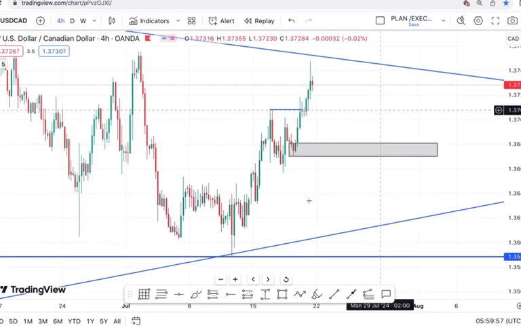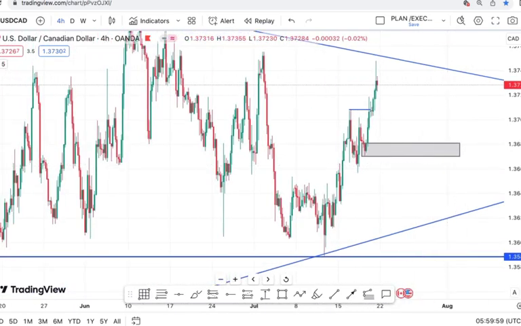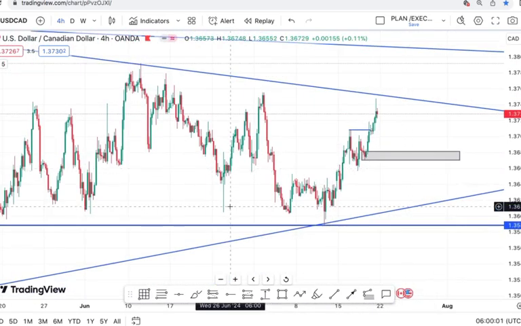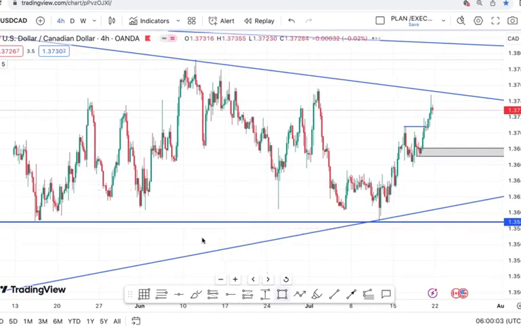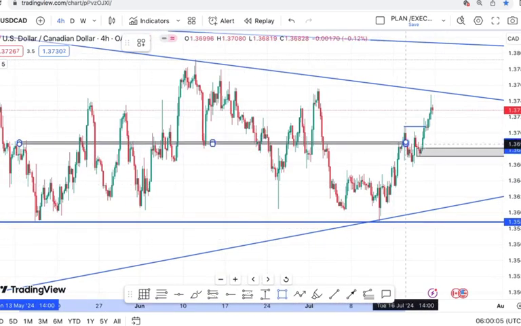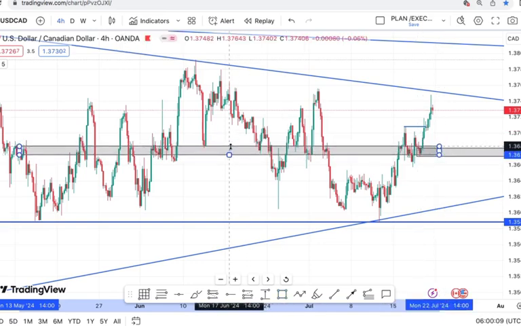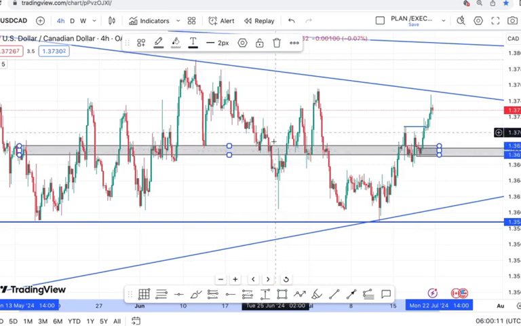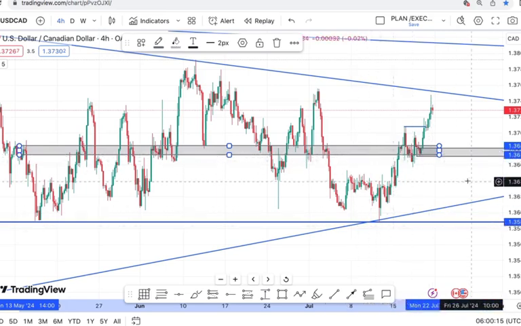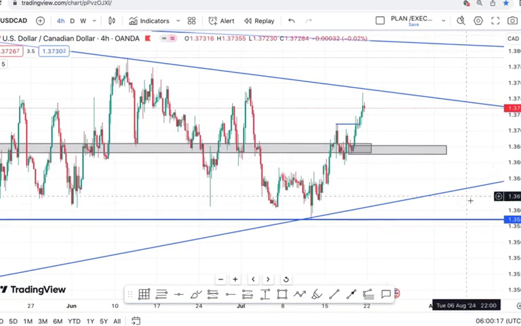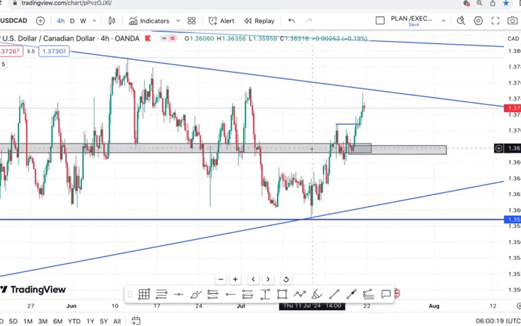Okay, so USD CAD is what I'm best leaning to, and this zone aligns perfectly with, if you check, a big zone in the past. Price has been playing around this zone. It either broke it up or down, or it acted as support. So this zone is an interesting zone to look out for in the coming days. I'll be taking my trade.